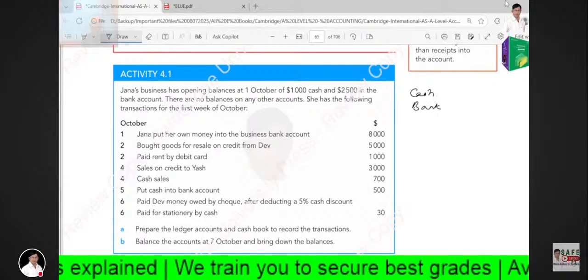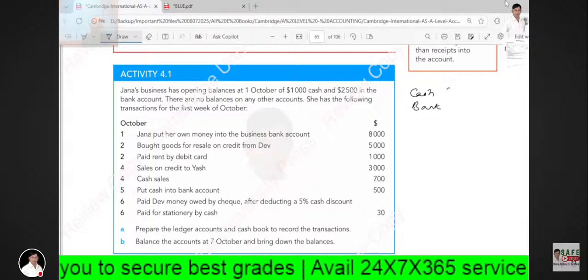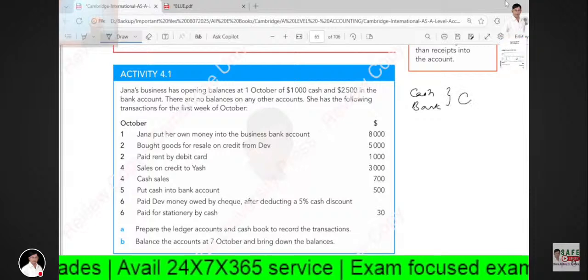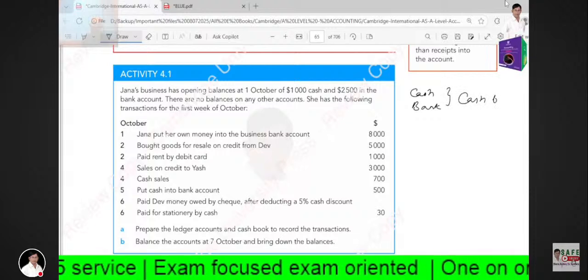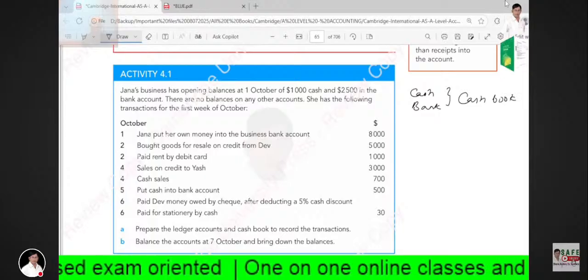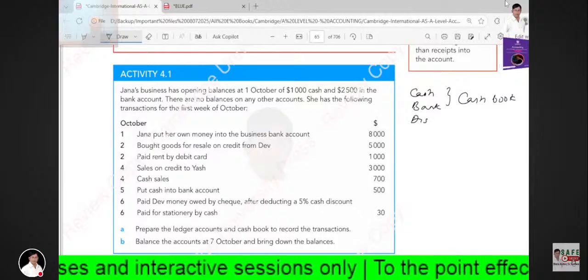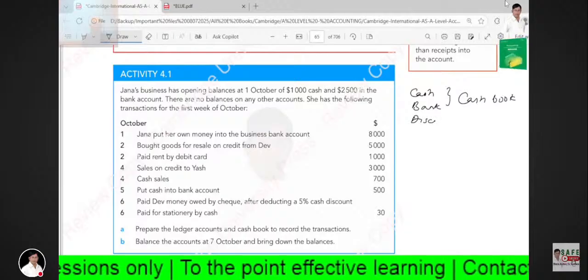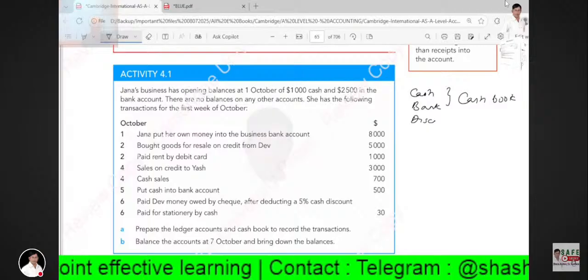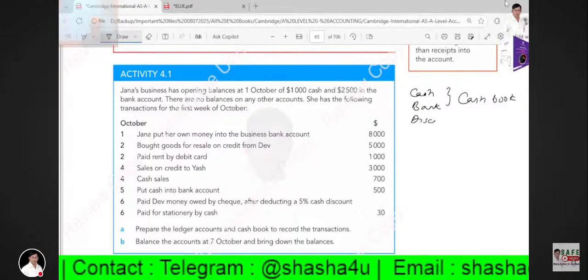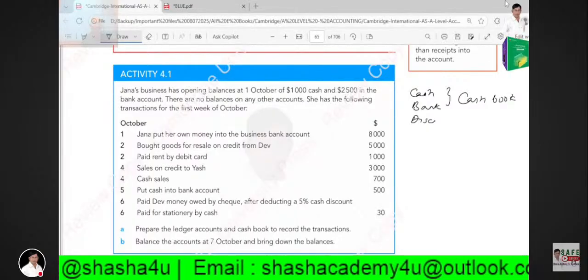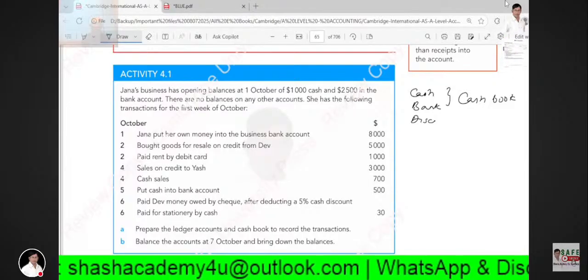So this will come in cash book. Even discount will come in this, but the discount account also we have to prepare. Then Jana put her own money into the business bank account: capital.